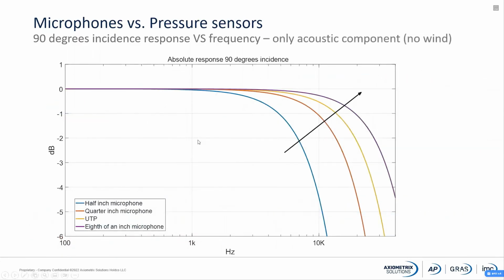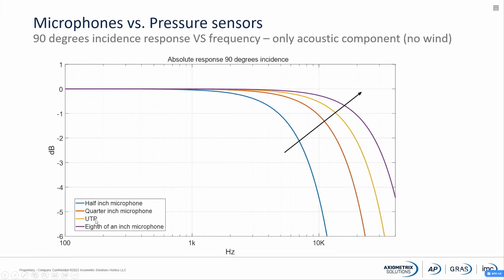So here we can see the impact of the different parts. Now we have a microphone mounted, and that means that we only have the acoustic component. So now we have no wind in the wind tunnel. There you can see the half-inch microphone is the one going down fastest, and then we have the quarter-inch, as we saw before.